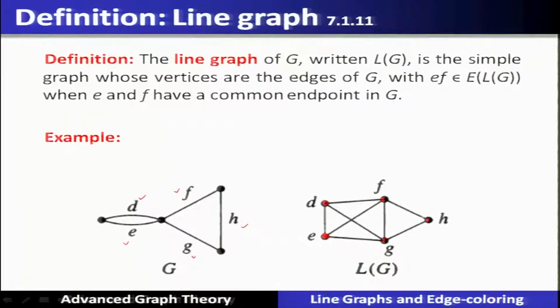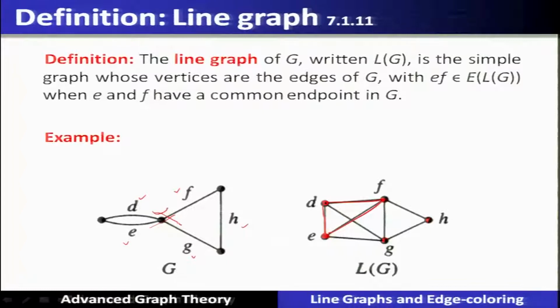As for the edges in the line graph, whenever two edges in the original graph meet, they form an edge in the line graph. For example, D and E meet, so they form an edge. Similarly, D and F meet, so D and F have an edge. E and F meet, so E and F have an edge.